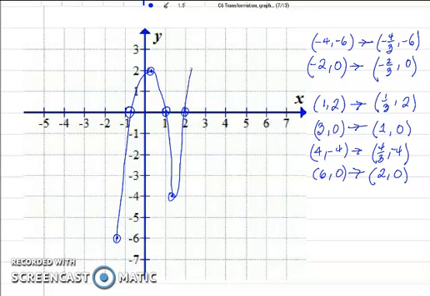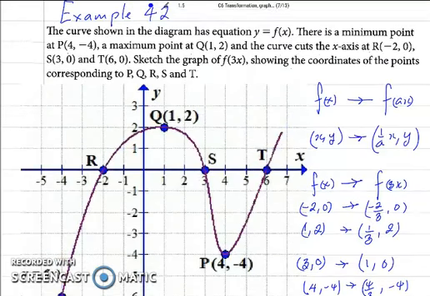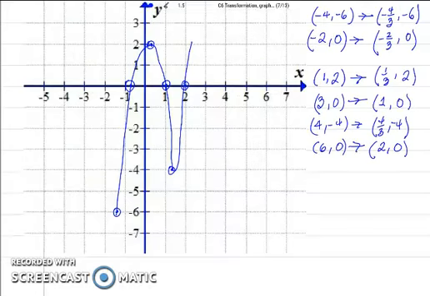So this is my graph. If the top one is the graph of y equals f of x, this would be the graph of y equals f of 3x.